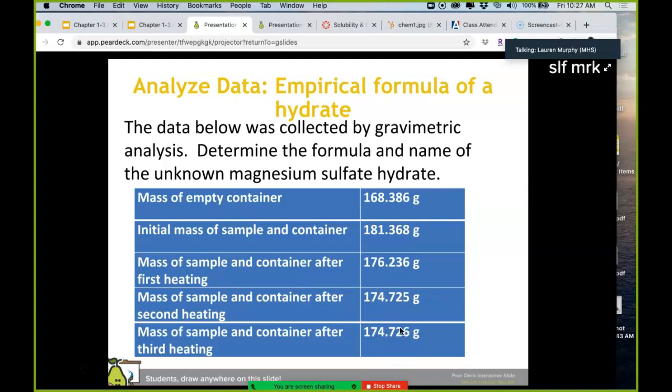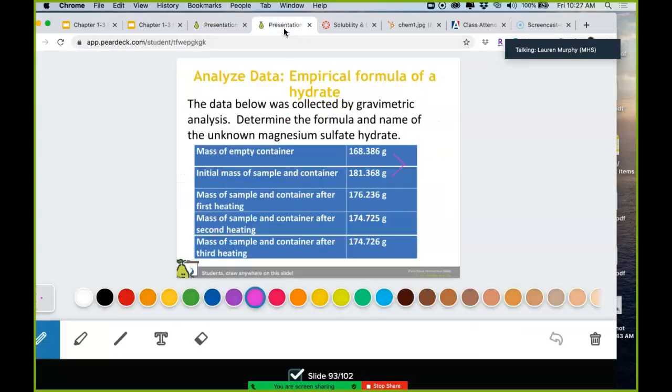Okay? So now, after you heat it, you have what's called the anhydrous, that means without water, salt, meaning in the container, you only have magnesium sulfate because it is assumed that you've gotten rid of all of the water.